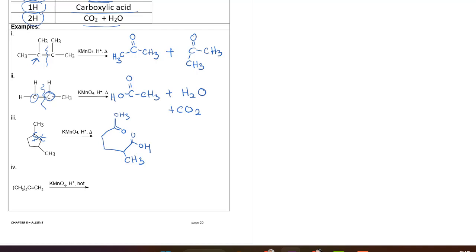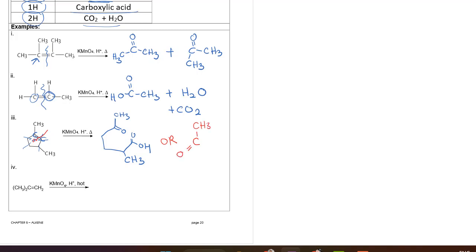So basically you have 1, 2, 3, 4, 5 carbon. Or if you want to look at this one as a straight chain, it will break here. This carbon, along with CH3, will become ketone.